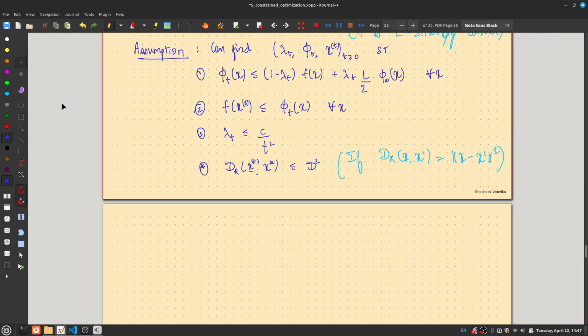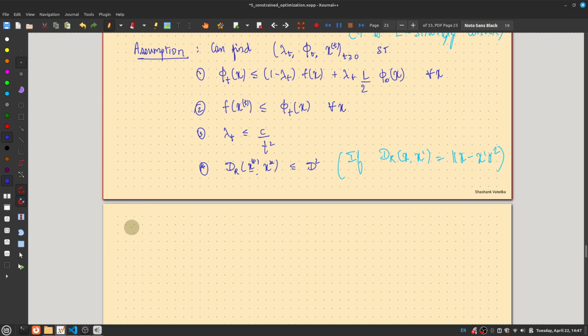Okay, so let's suppose that we have these assumptions. We are able to construct, and in fact, it's more involved to show that what accelerated gradient descent does is that it produces this set of functions phi t, and lambda t also satisfies this. So I won't get into the proof of those, but let's assume that this holds.